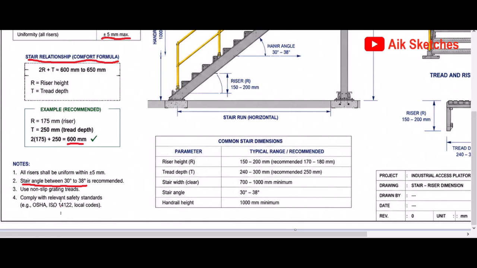So for the stairs of an access platform such as this, the acceptable angle is between 30 and 38 degrees. For the next one, we say use non-slip grating treads. These grating treads should not be slippery so that personnel having access to the platform don't slip and fall. So the grating treads have to be non-slippery.